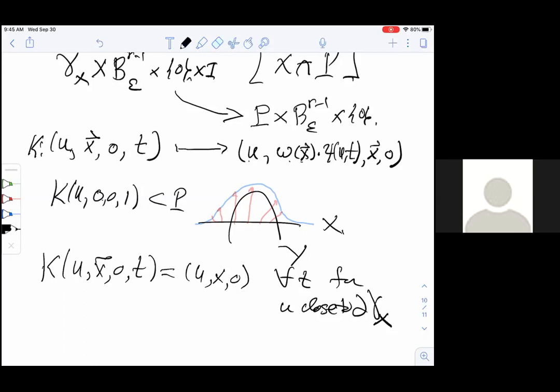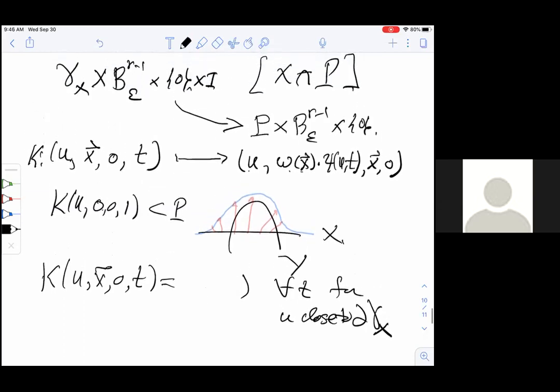All right, so I have to explain this slightly differently. So k, remember, k is an isotopy from gamma x across the ball, across the isotopy parameter, into p across the ball. So as we saw here, gamma x, 0, 0 at level 1 goes into p to give this curve.